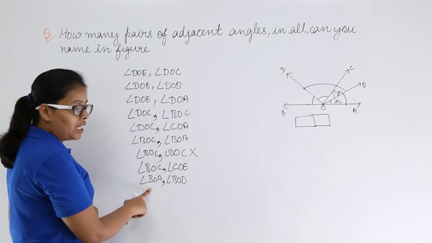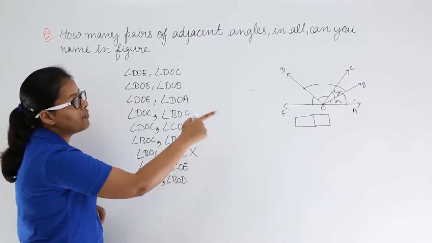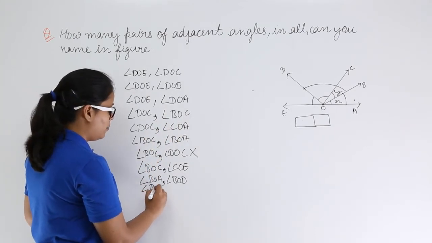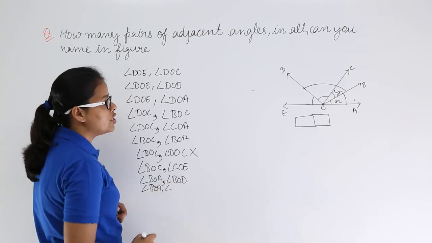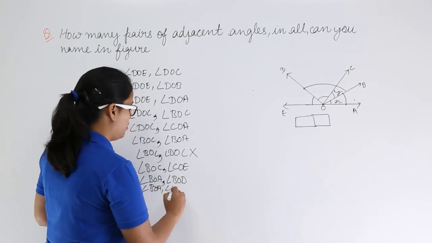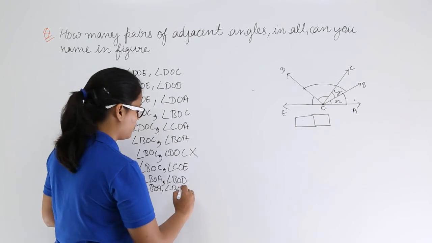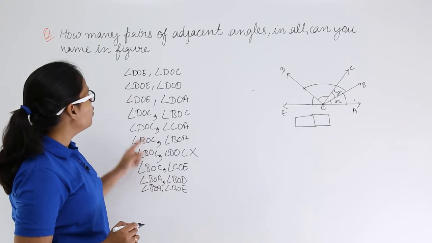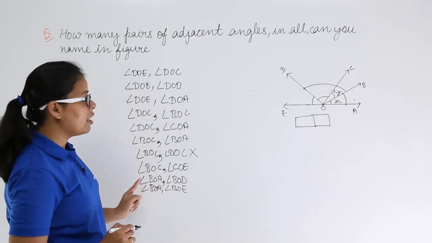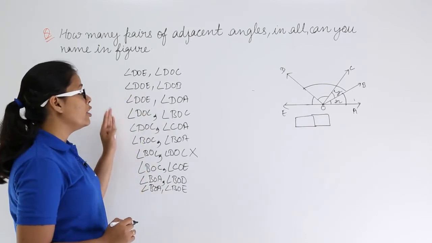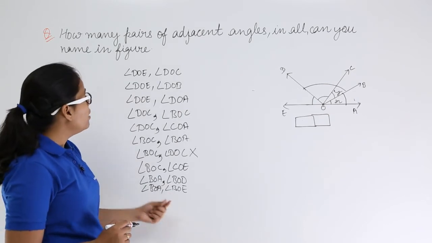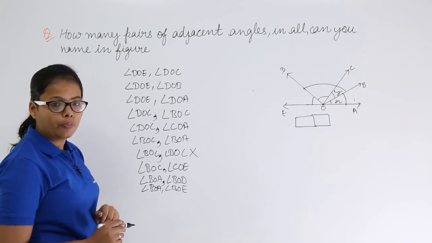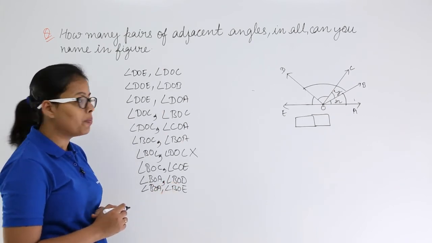So I am taking another case: angle BOA is adjacent with angle BOD. Now angle BOA is adjacent with angle BOE. So let's see if these cases have been included above. Angle BOD, can you see angle BOD anywhere? No, which means you have not included this case. Angle BOE, can you see angle BOE where I have written it? No. So these two cases have not been included.